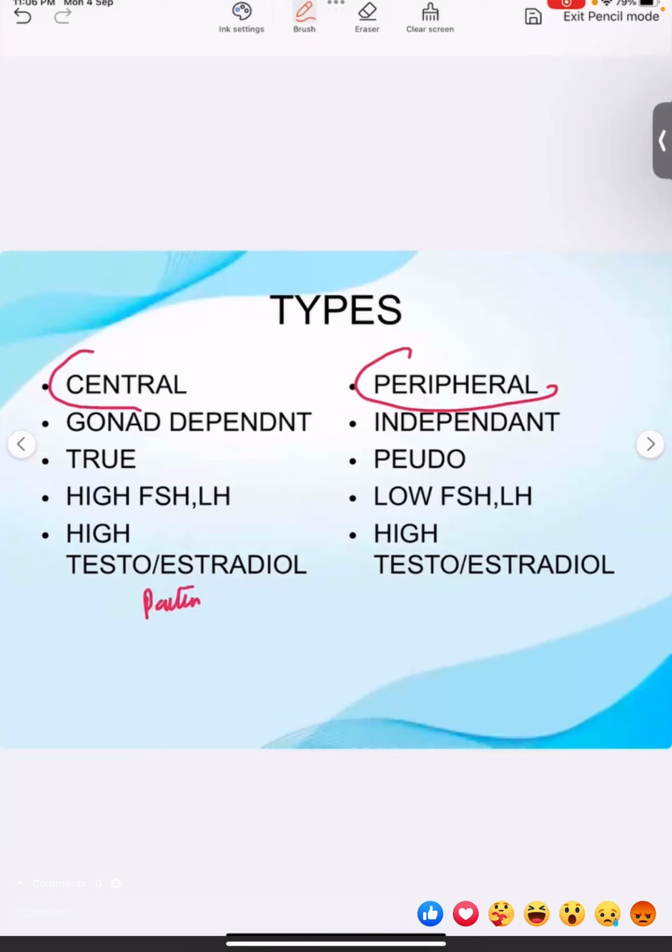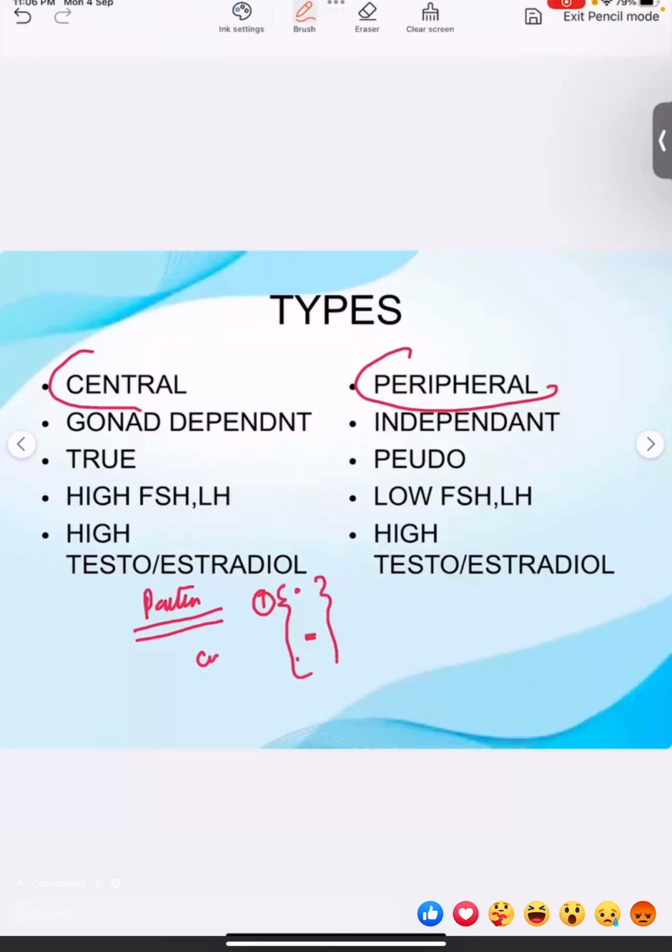Whenever we take a history for any child with precocious puberty, we always start with the pattern. What was the first sign? If the first sign in the female was breast enlargement, then pubic hair, then menarche, this is the same pattern as the normal physiologic phenomenon.